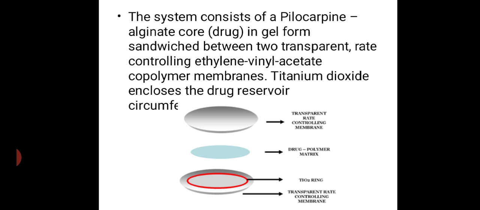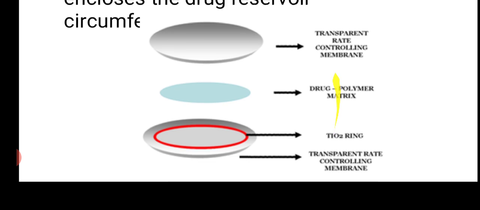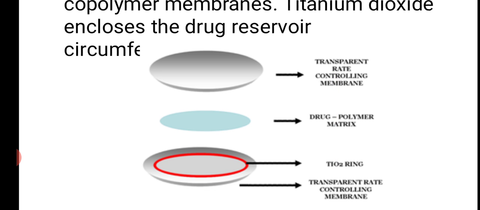Let us see what the pilocarpine Ocusert is. If you look at this picture, it has, at the top and the bottom, a transparent rate controlling membrane.